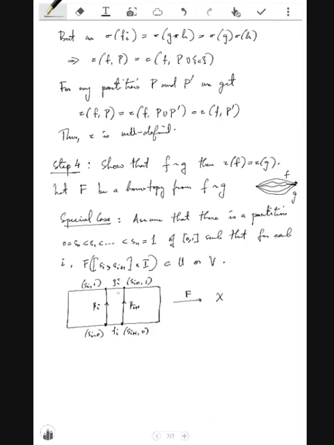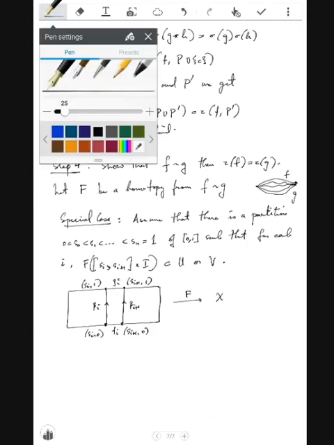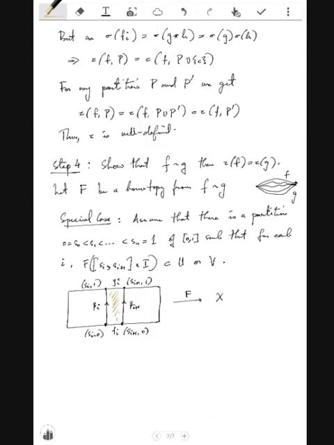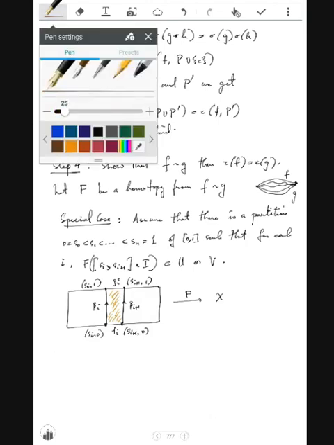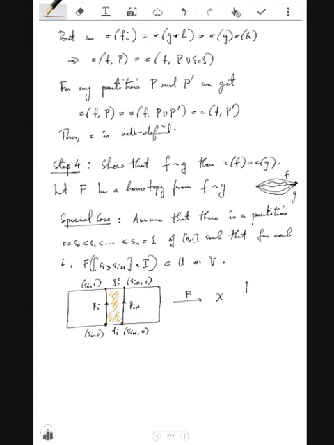So for each i, the assumption is that the image of this rectangle is contained in either U or V. So beta_i is the path F of (s_i, t) and beta_{i+1} is the path F of (s_{i+1}, t).